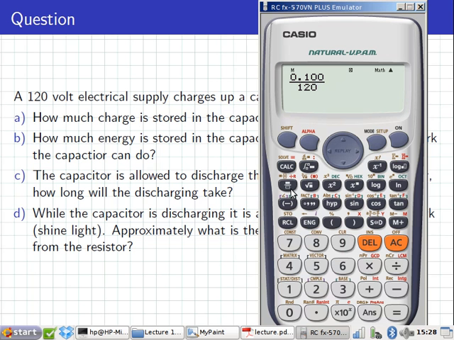So the charge in the capacitor is 12 coulombs. Okay. Part B.